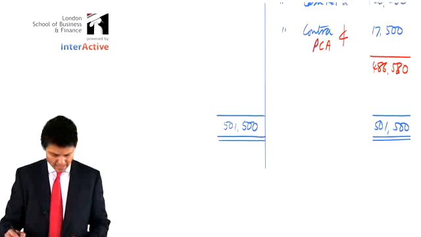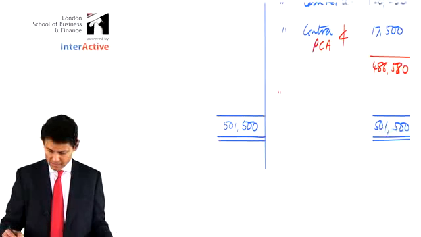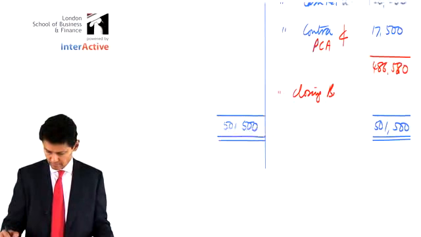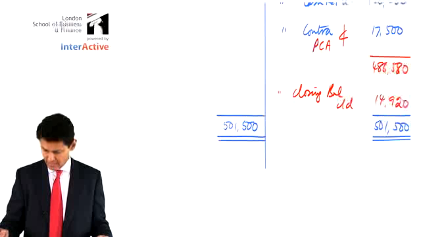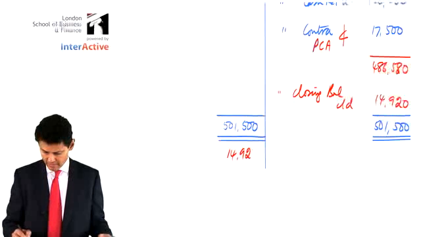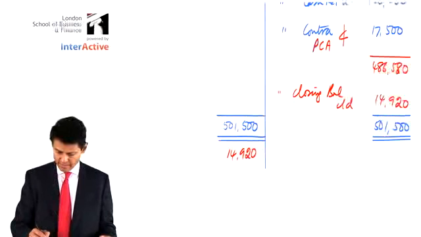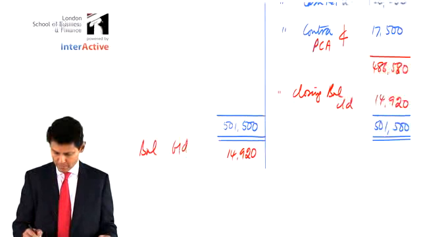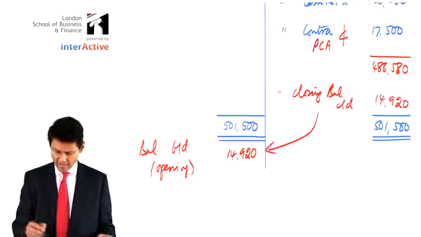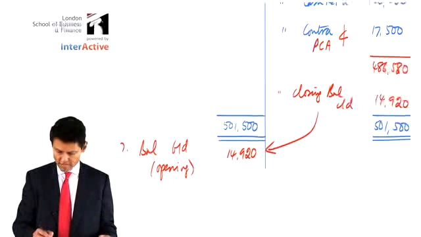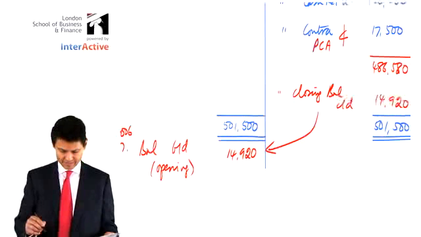And the difference between the two sides, the closing balance carried down, is 14,920, and that comes along to this side, 14,920, and that is the balance brought down, which happens to be the opening to the new year. So it just comes down like that, and that's, of course, the 1st of July, 2006.